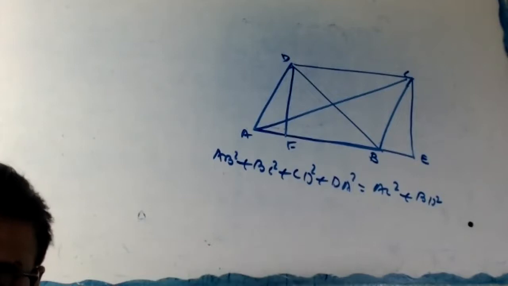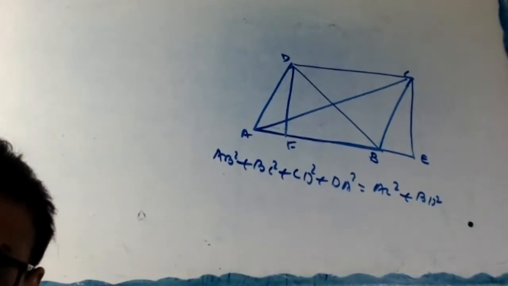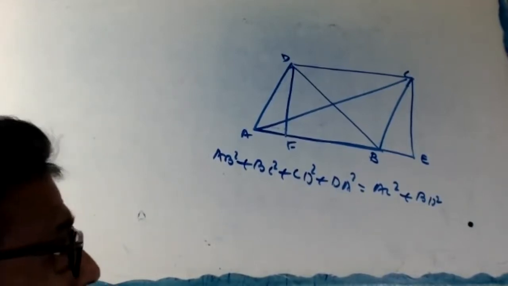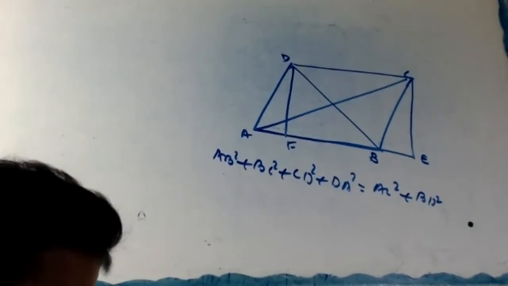Okay, listen, we'll start now. I'll give the notes. It's not an easy question, okay? Construction: draw DF and CE perpendicular to AB.